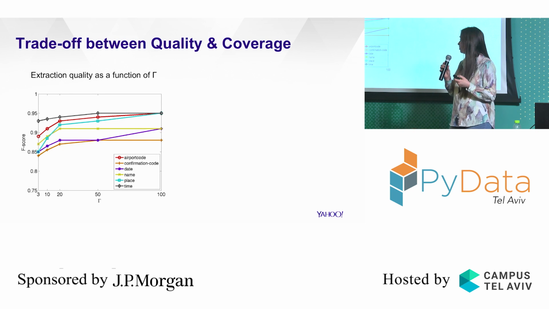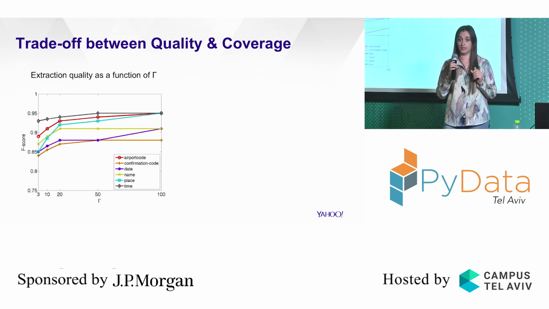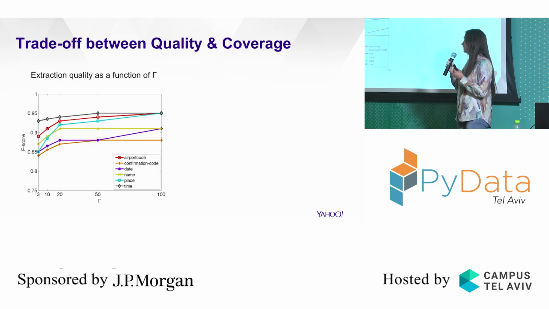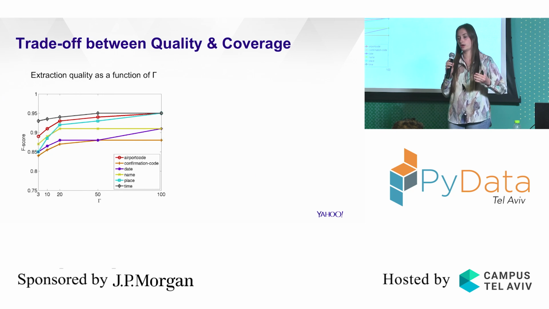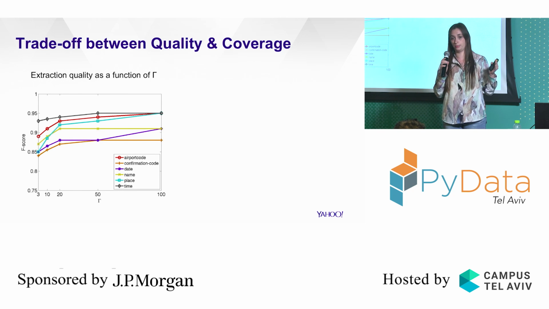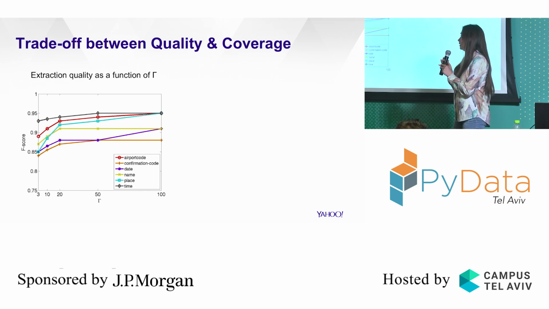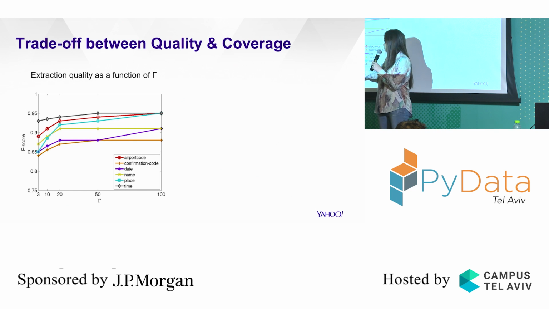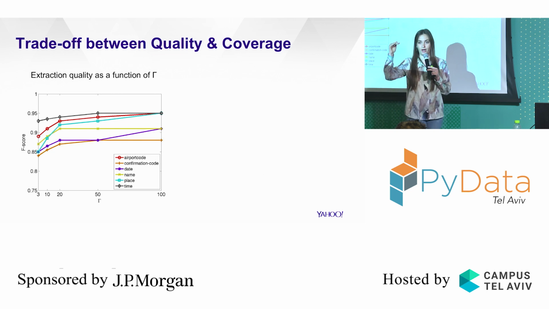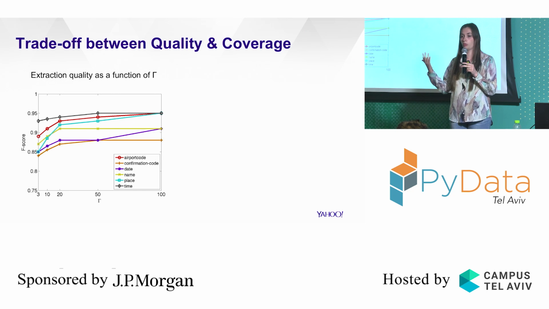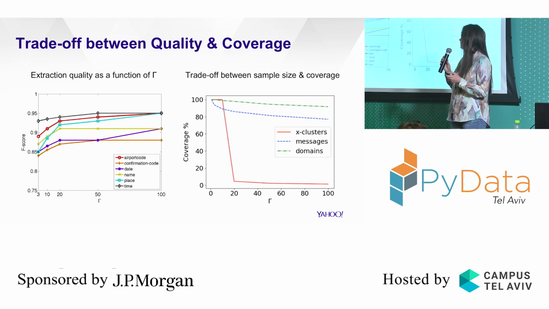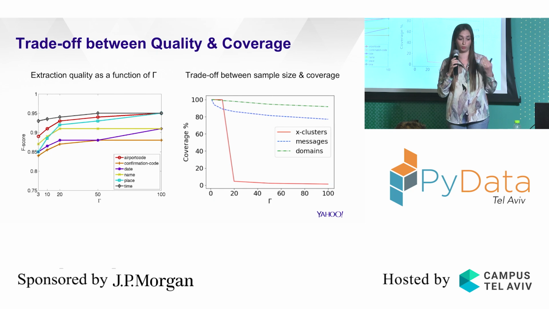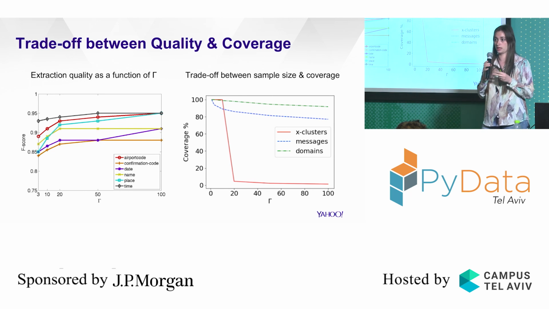And last, as I promised, to speak about the sample size. This parameter, we call it gamma, and it's a trade-off. If we take really large X clusters, really large samples, obviously our quality will be higher. Here we see that we need only about 20. We used 50 samples to reach high enough quality that adding more samples didn't improve it. If we look only at large X clusters, we filter small X clusters.